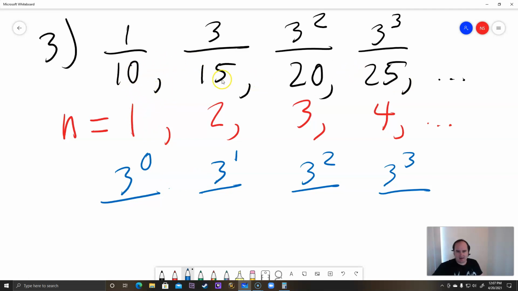It's looking like we're adding 5 each time. So if we're adding 5 each time and we start at 10, then we could have something like 5 plus 5 times n.